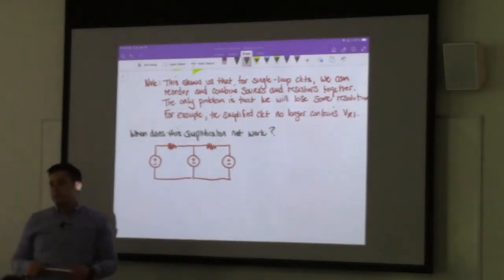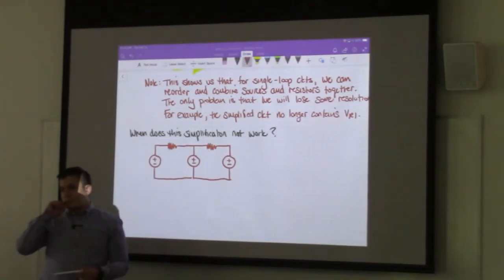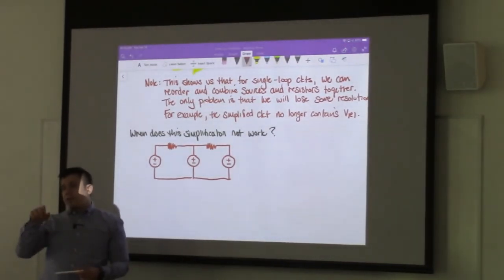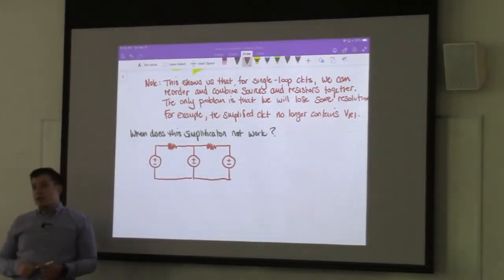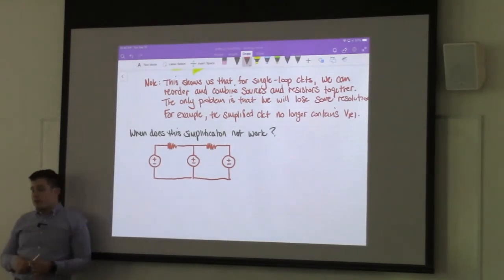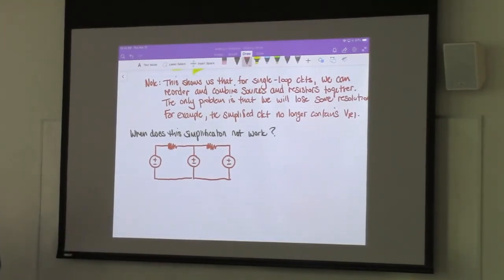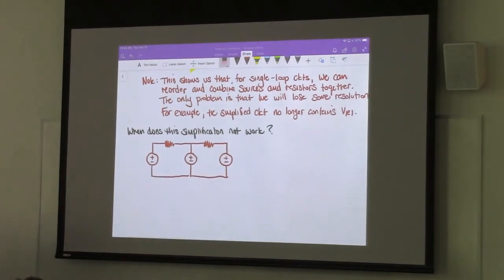If you had two resistors in the same loop, would you then combine those together? Well, yes, because that would fall under our definition of series resistors, which we talked about last time. So if you have, let me redraw this a little bit.